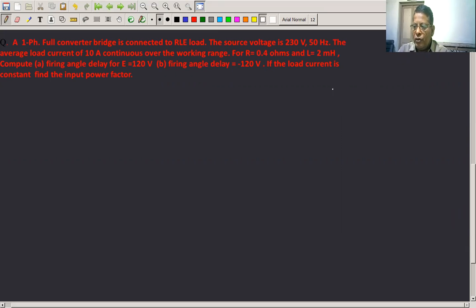So already we know this is the circuit diagram for the fully controlled converter.